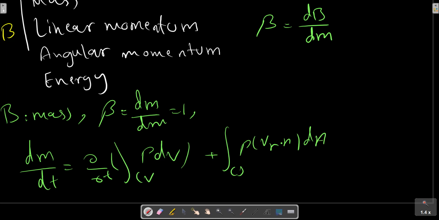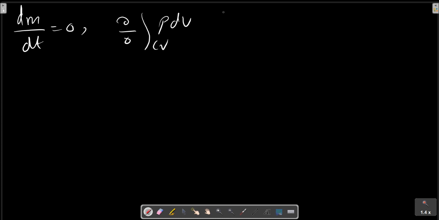As we know, dm on dt is governed by the first law of fluid mechanics, which says dm on dt equals 0, and as a result the integration equals 0.